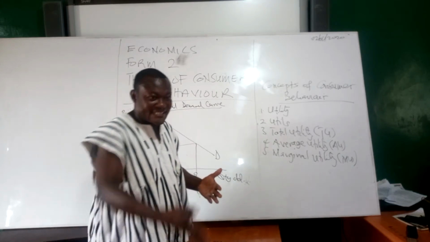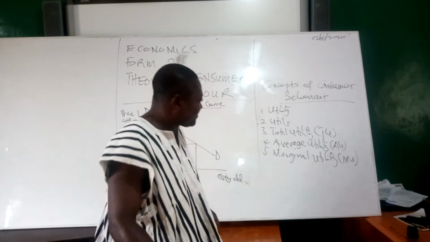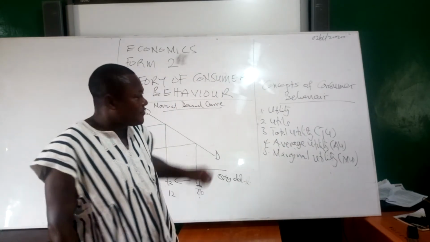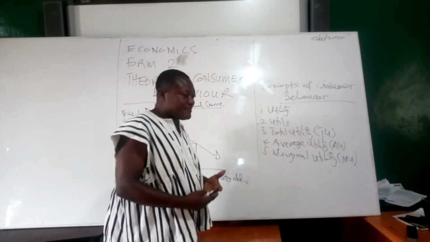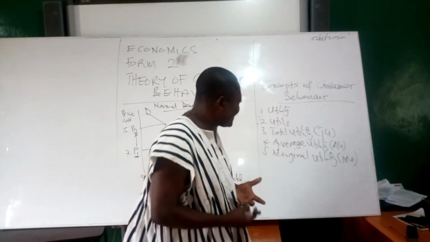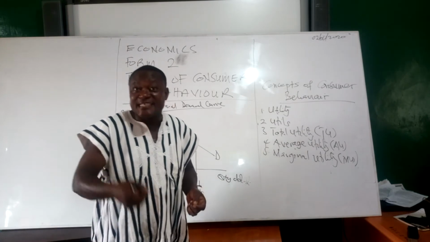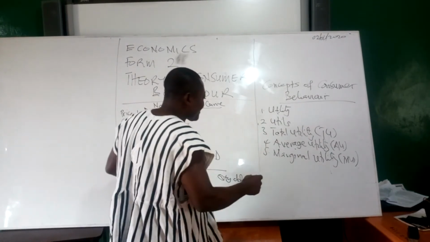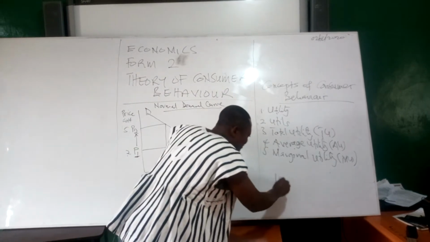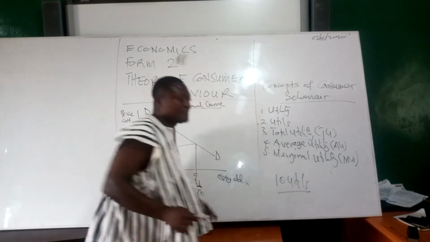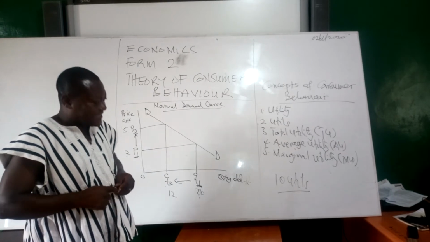Or when you want to measure a distance, we measure it in kilometers. So when we measure satisfaction, we measure it in utils. So if Kofi drinks water and we measure the satisfaction that he receives and say 10, then Kofi has gained a satisfaction of 10 what? Utils. So it's a unit measure of satisfaction.